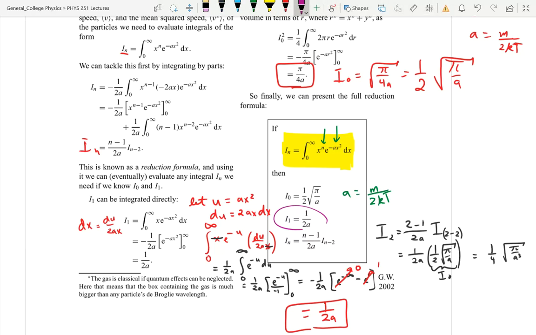And if it's 4, then life gets a little more fun because you have I4 is equal to 4 minus 1, 3 over 2a times I2, and I2 is 2 minus 1 over 2a times I0. So you have to go through the iteration twice for that one.